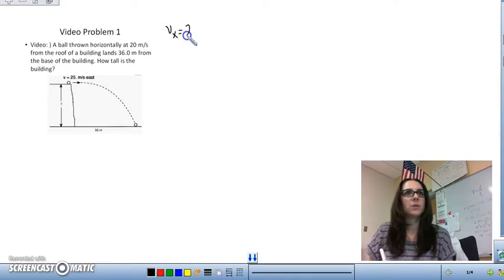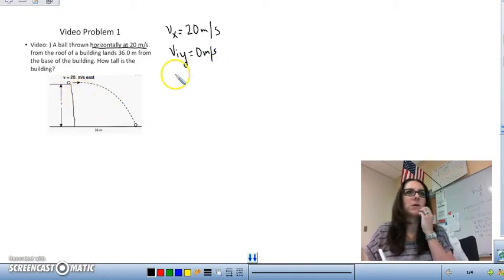So when it says horizontally, that's our keyword. This is also our horizontal. Another really important note is to know that our initial vi will be 0, and that's because there's no angle here. It's not moving up at all. The other information we have is acceleration.